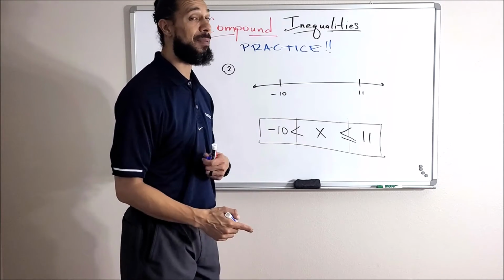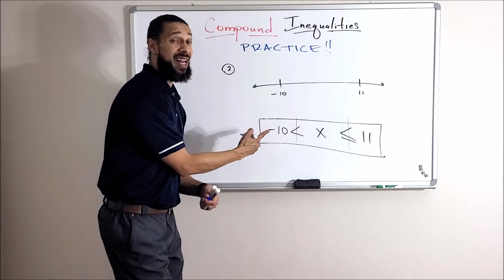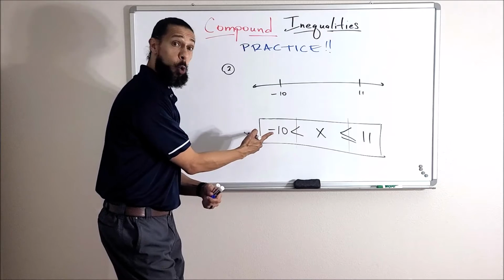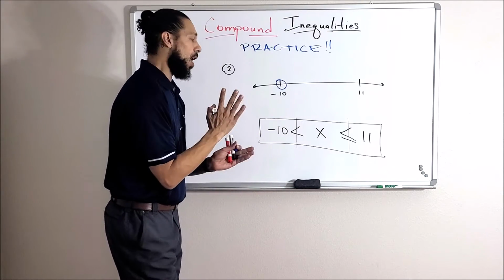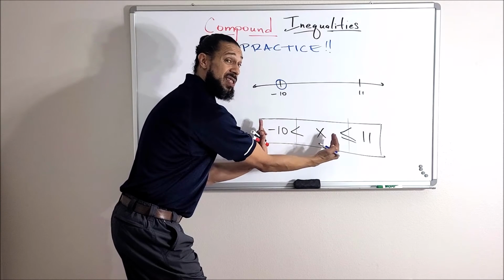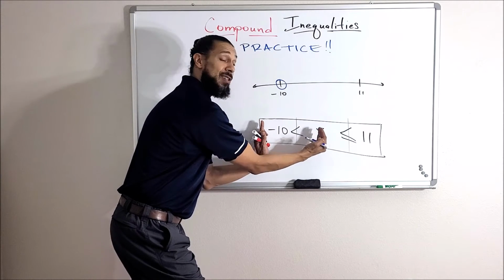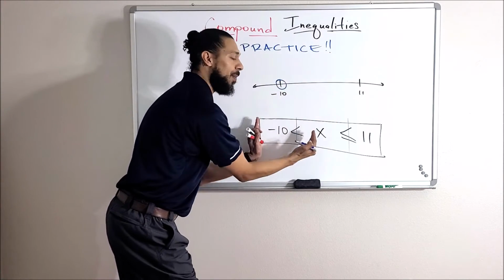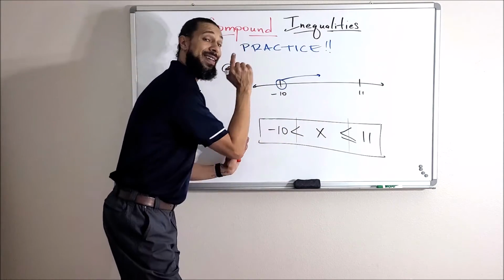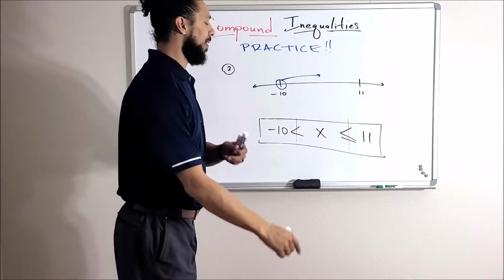There's my number line. So -10 is one of my numbers, so open circle. Now, technically, this is one of the inequalities: x greater than -10. So would my arrow be going that way if I'm talking about numbers greater than -10? Exactly right.